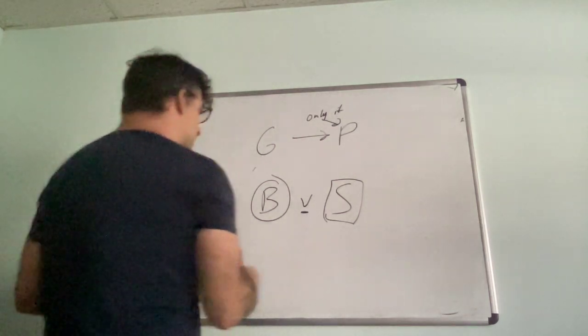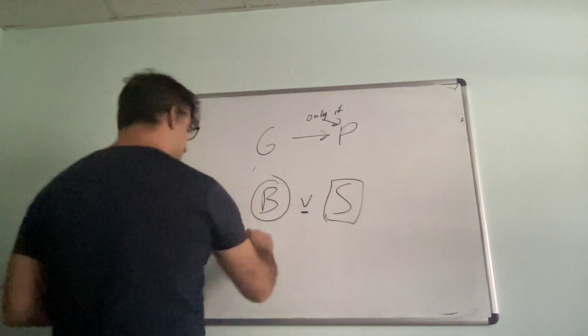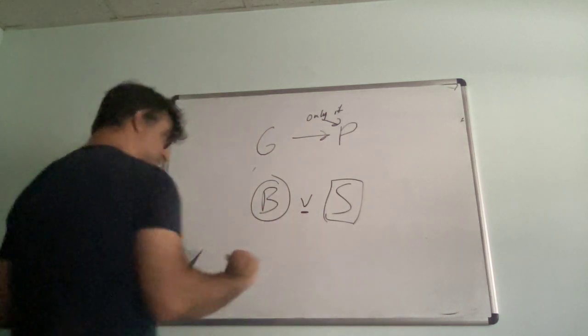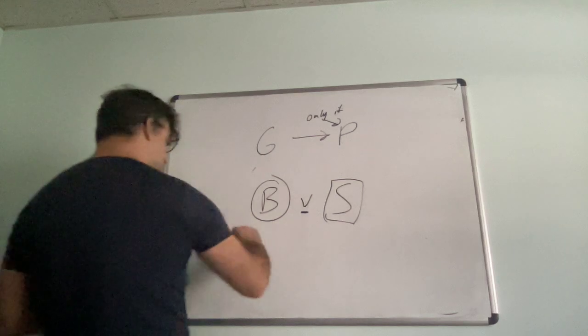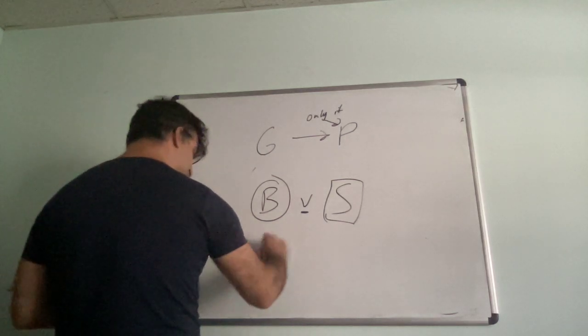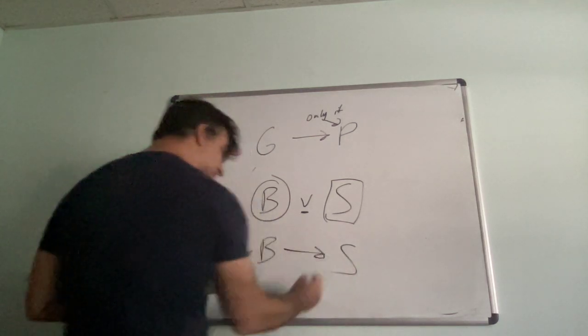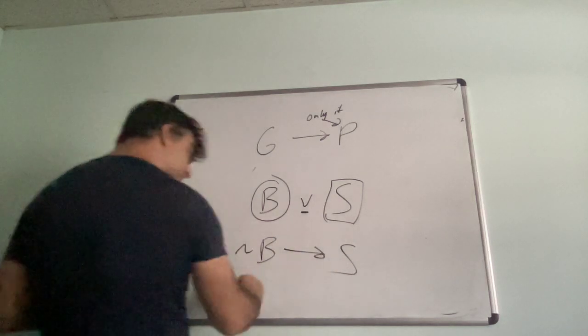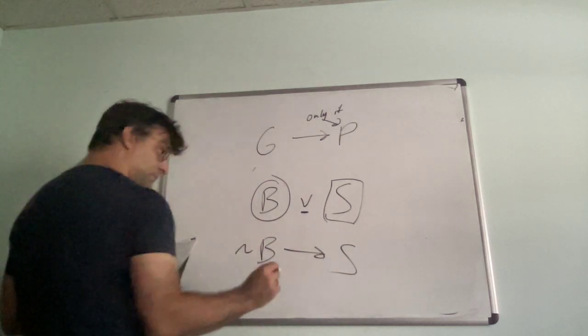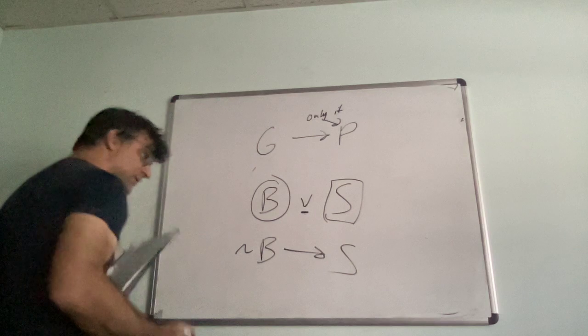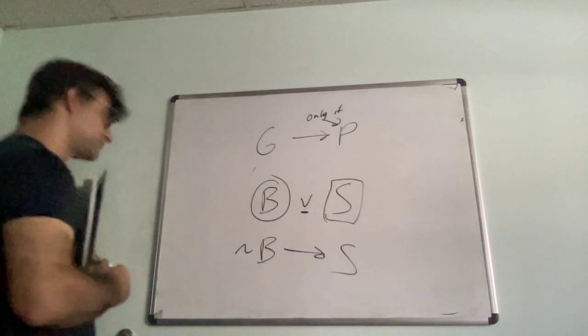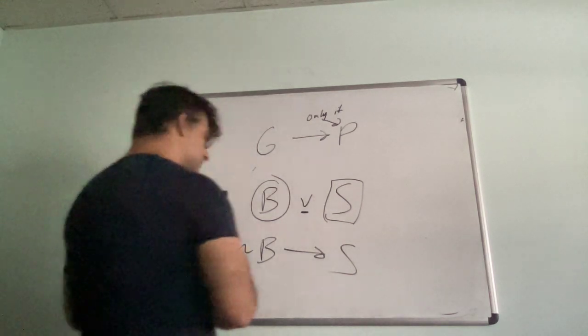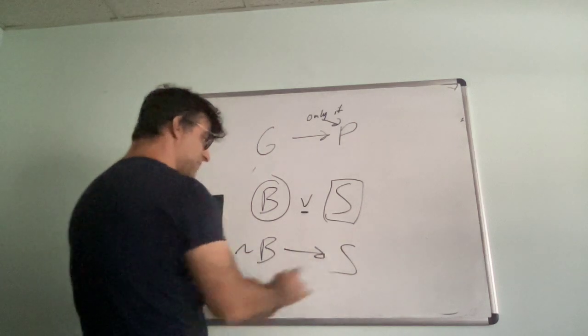Okay? Now, remember, or equals not arrow, right? So one way to express this is if I don't go to the beach, that must mean I'm sick. But remember, this could still be, right? If I don't go to the beach, that must mean I'm sick.